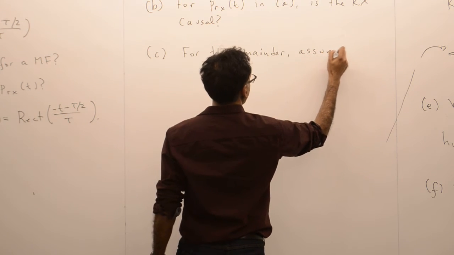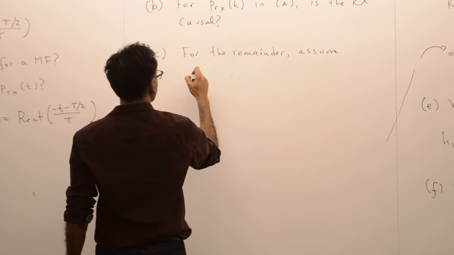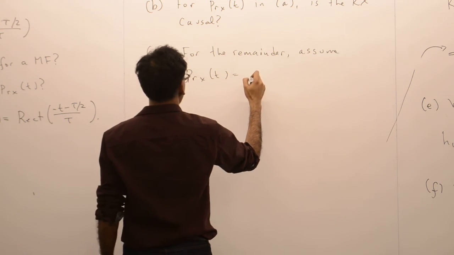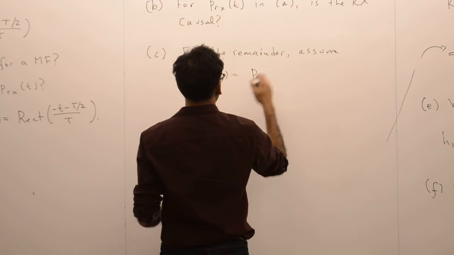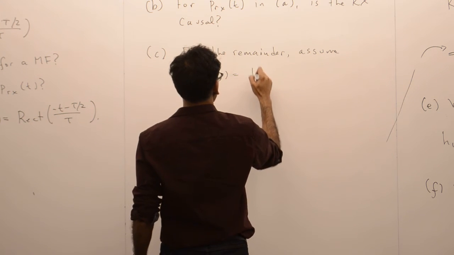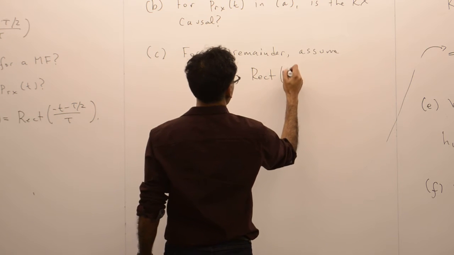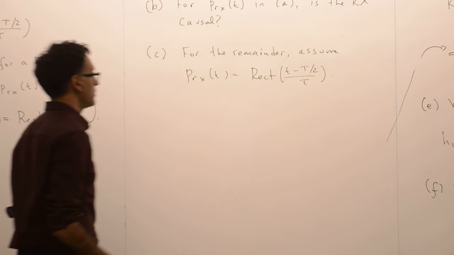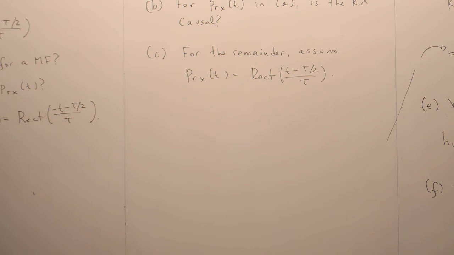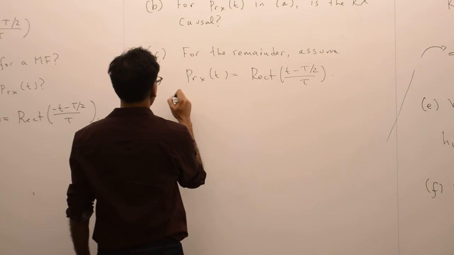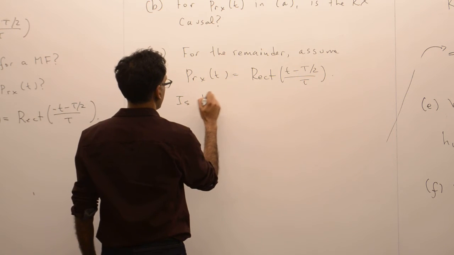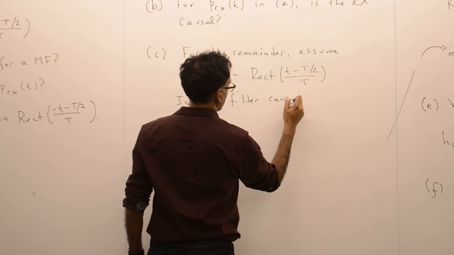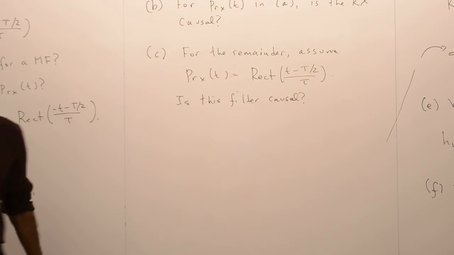I want to use a variant of the matched filter here. Assume PRX is P. Is this filter causal?